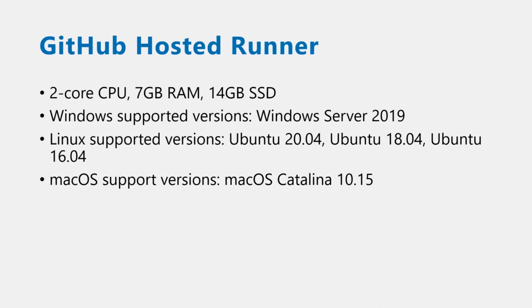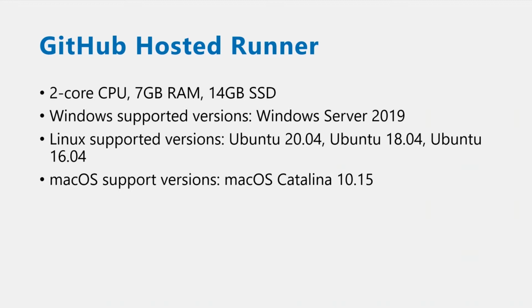So you might say, okay, cool. I'm on GitHub, I'm a paid user, or a free user, and I don't have any infrastructure set up. What's on the GitHub hosted runner? There are 3 different versions. At the base, they're all a 2-core CPU with 7 gigs of RAM and 14 gigs of storage space.